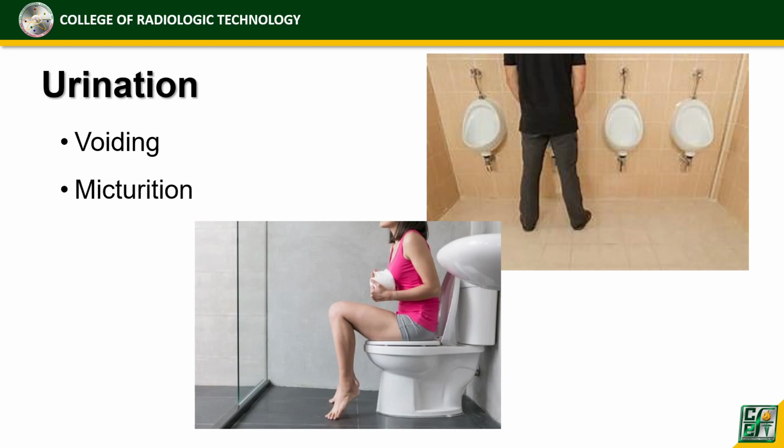So voiding is also used for urination in the clinical setting. So urination, voiding, micturition is the process of expulsion or excretion of urine from the bladder to the outside of the body.